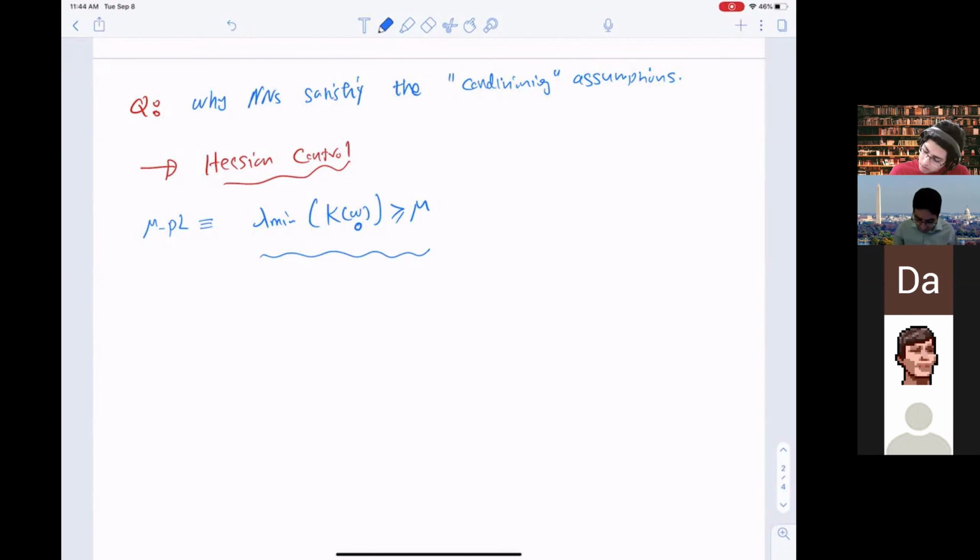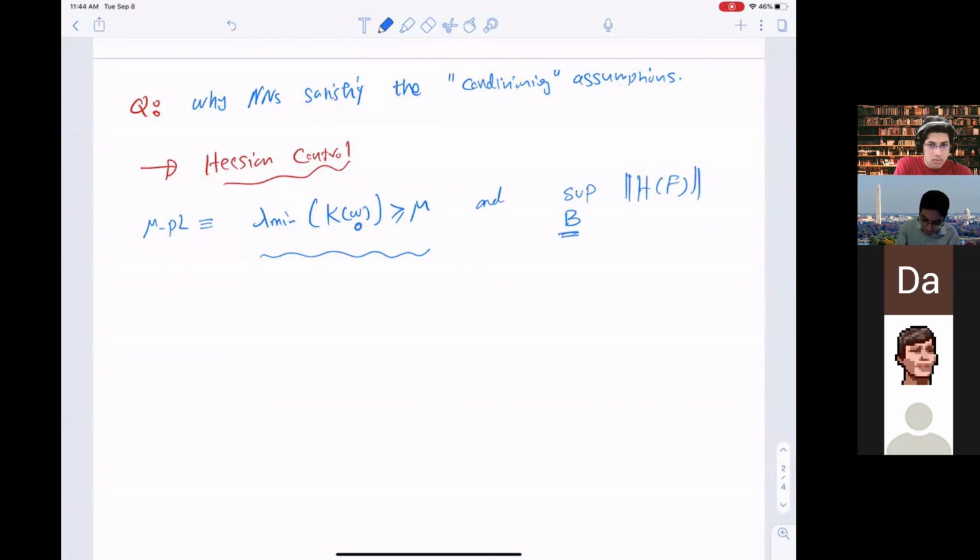And then if I could also show that there is an upper bound on the eigenvalues of my Hessian in a ball, so within a ball, let's say I can show the maximum eigenvalue of my Hessian is bounded. So here we are relaxing one of the assumptions.